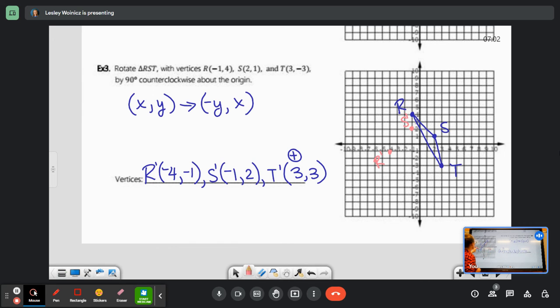And T is at 3, 3. If I say T, I meant T prime. Okay. There's your fun little rotation, 90 degrees counterclockwise about the origin as requested.